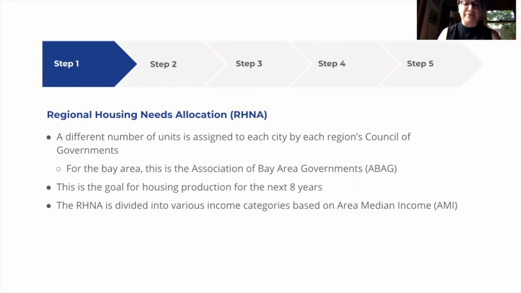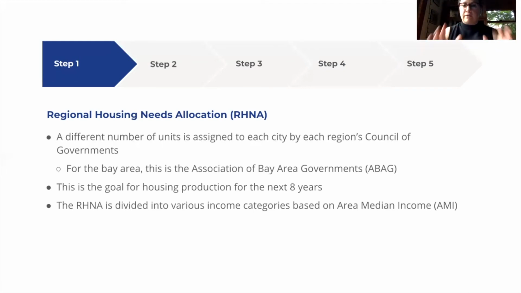Anyway, the region gets a really big number from the state to anticipate the amount of growth that your region will experience based on births, population growth, job growth, a bunch of different metrics. The regional agency, ABAG or SCAG, takes that big number and divides it among the cities.